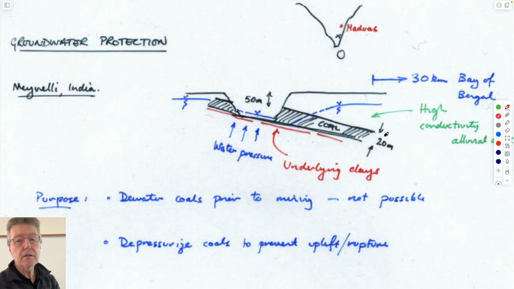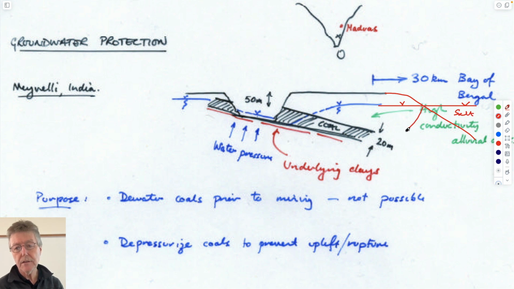So if you're sucking fresh water out of here, and the coast is over here, then the water table will go out to here. I don't know why I'm drawing with my finger when I could draw here. And what you get is a saltwater wedge. So this is salt water.